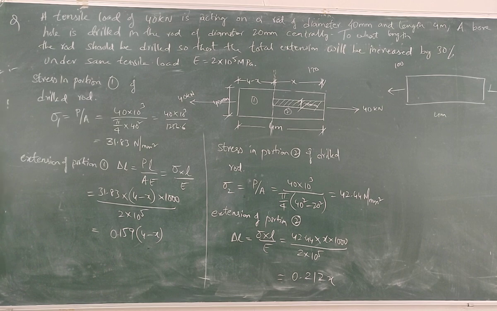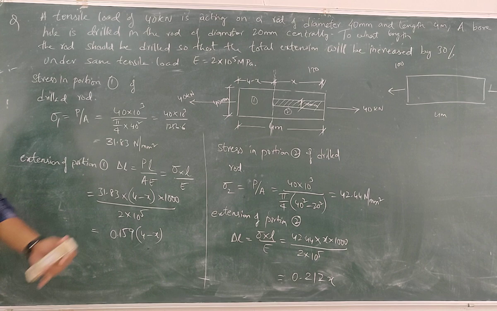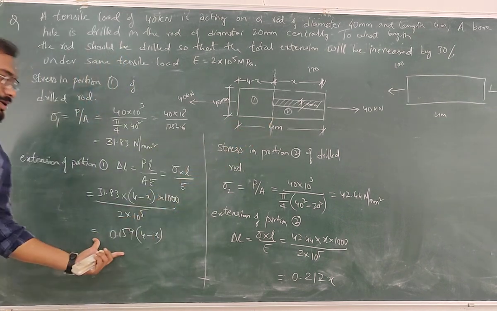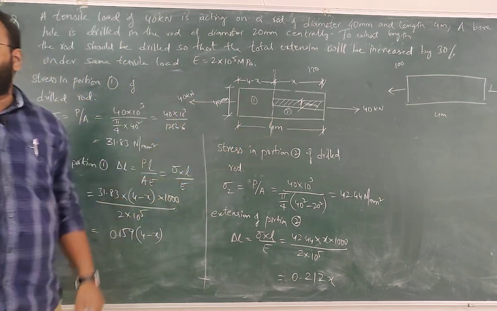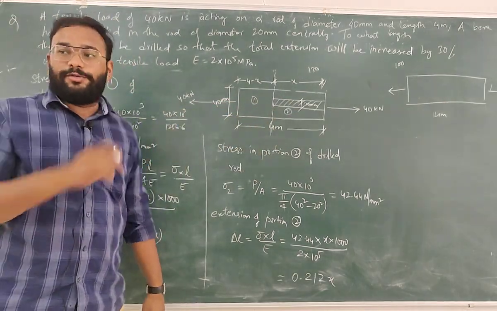Okay, now this is the elongation of this rod we have calculated in two portions. For portion 1 we calculated the elongation where there is no hole. Now we have calculated elongation for portion 2 where there is a hole of 20 mm.